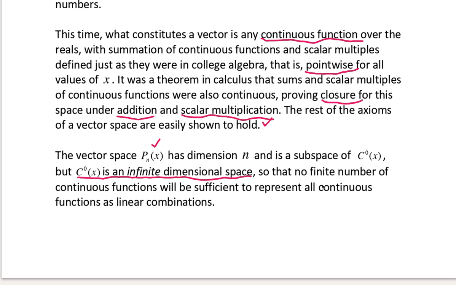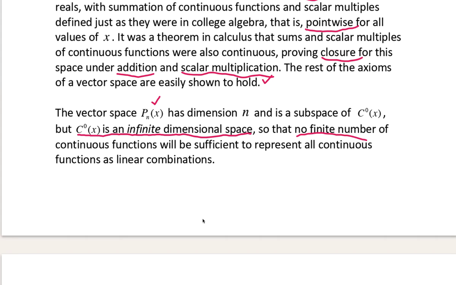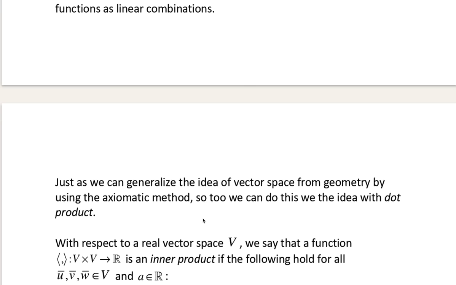We haven't really dealt with those before, and this is something you would deal with in higher level classes. But my point is no finite collection of continuous functions would be sufficient to represent all continuous functions as linear combinations, and I think you could see that fairly easily.